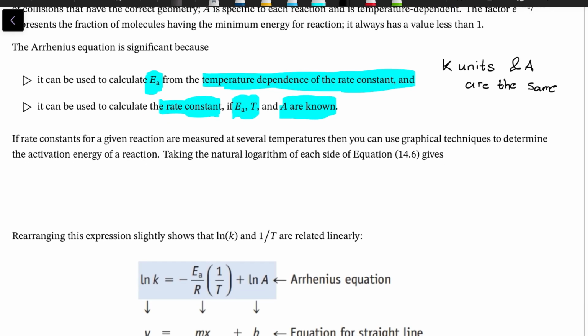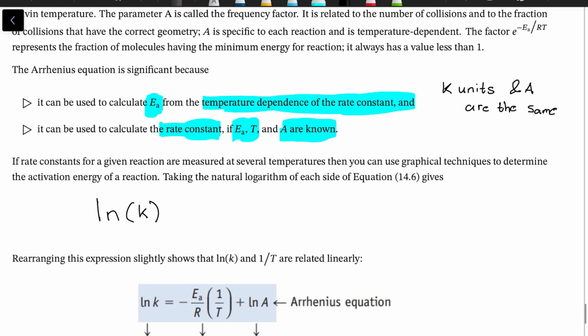So if you were to take the natural logarithm, so in other words, if you take ln of k, so the ln of this entire equation, and you take ln of A e to the minus Ea over RT, then you will get ln of A and ln of e to the minus Ea over RT, which then will reduce to minus Ea over RT.